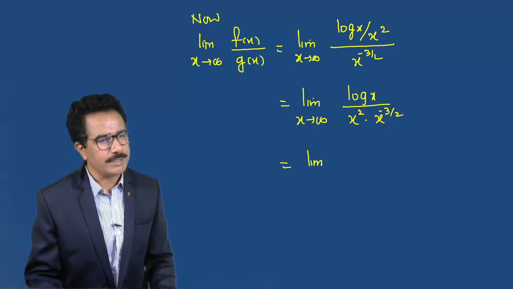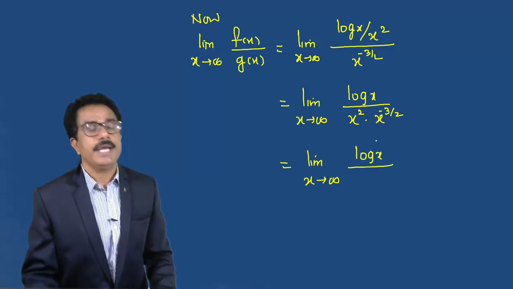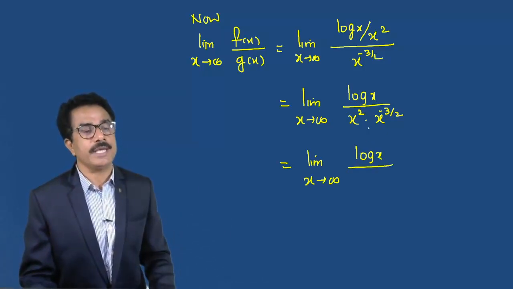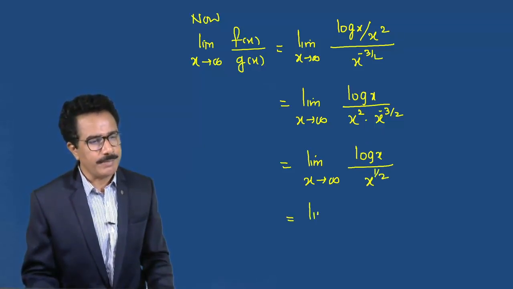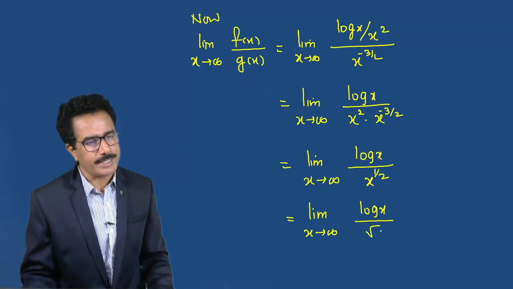So limit x tends to infinity log x divided by x raised to 3/2 minus x square into x raised to minus 3/2 means x raised to 1/2. That means limit x tends to infinity log x divided by root x.